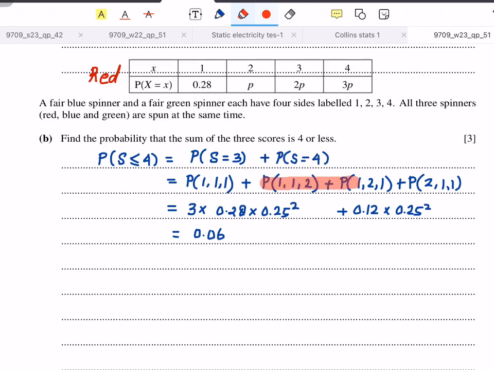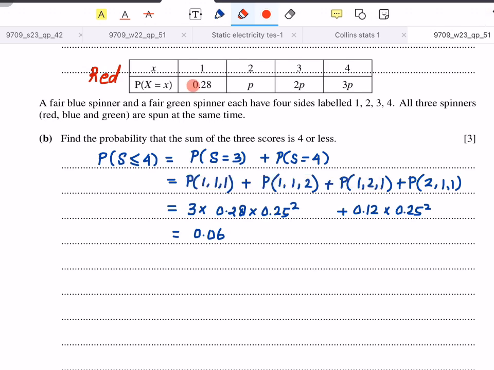Probability 1, 1, 2, or probability 1, 2, 1, or probability 2, 1, 1.